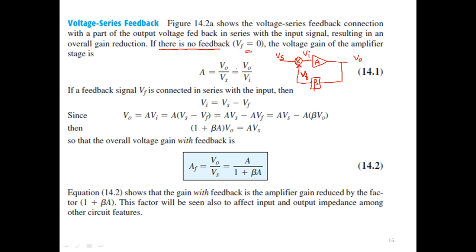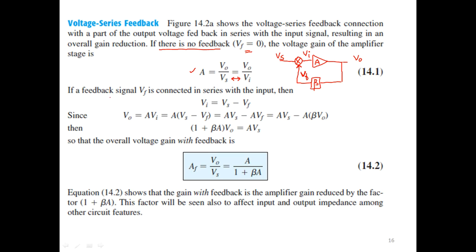Then the voltage gain of the amplifier can be expressed as the gain A equal to the output voltage V0 by the input source voltage Vs. Since Vf is 0, we can say Vs is equal to Vi. This is without feedback.